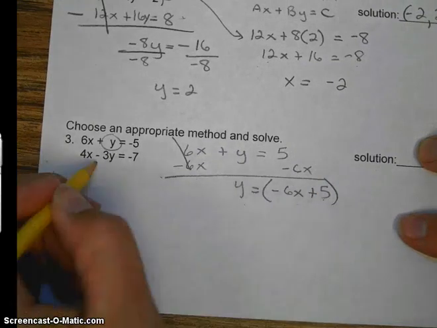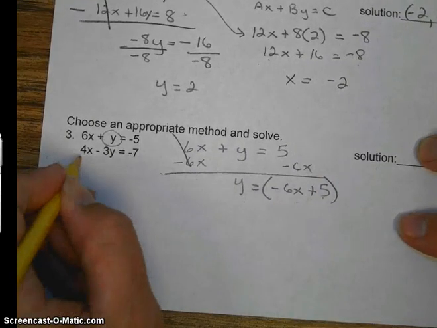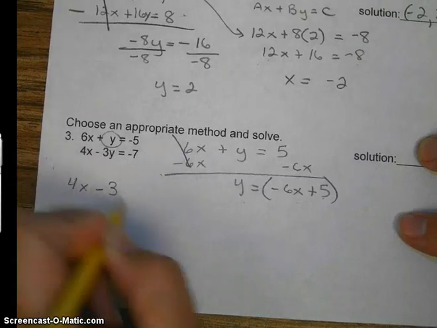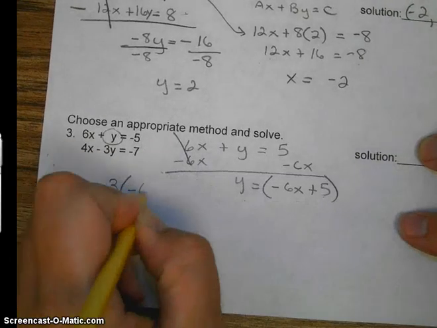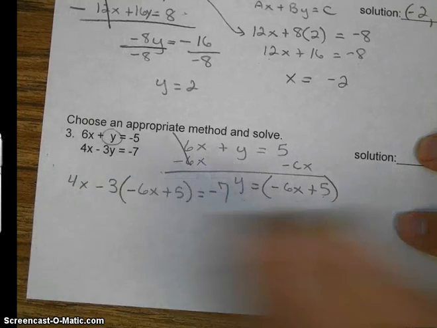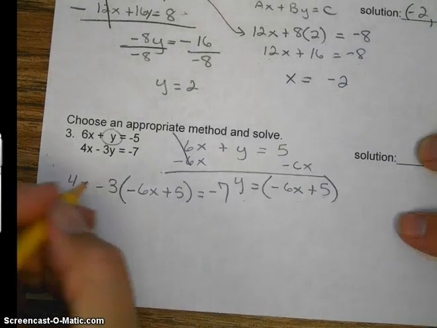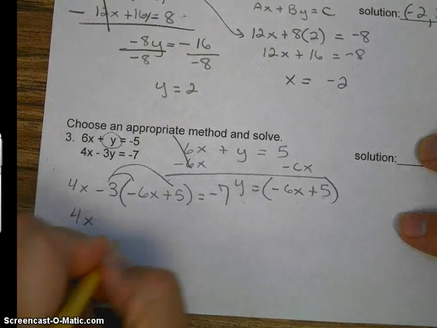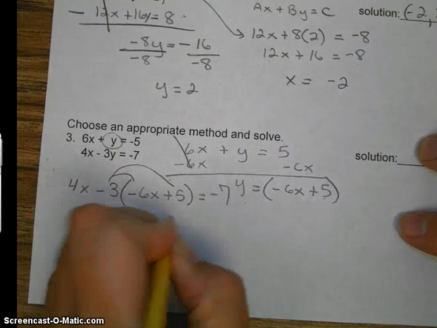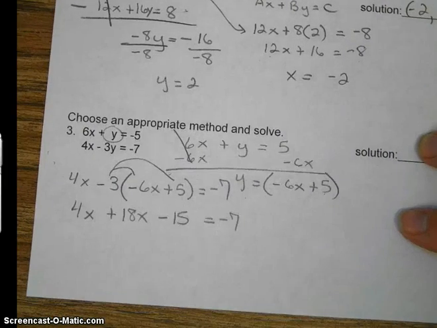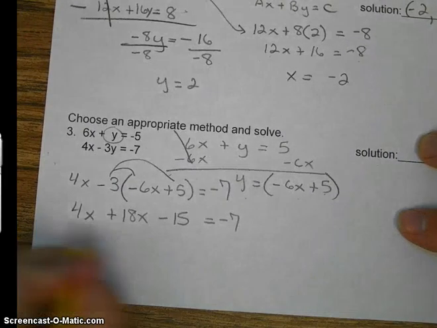So going to my next equation, we got 4x minus 3. Oh, there's a y. Plug it in. And distribute. Combine like terms.